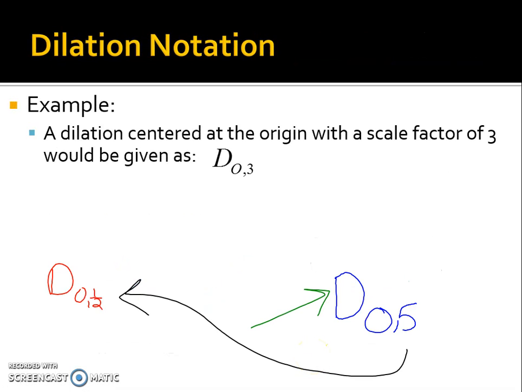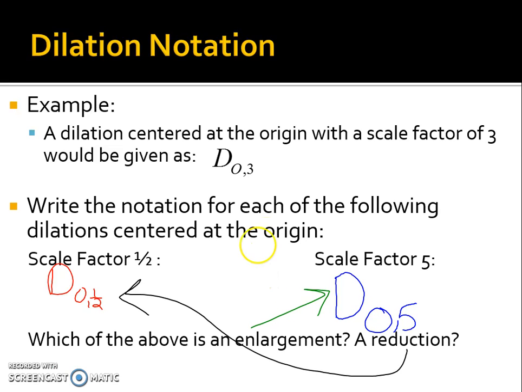So a dilation centered at the origin with a scale factor of 3 will be given as this. When you see D, that means dilation. O is the origin. 3 means that the scale factor is 3. So that's 3 times bigger. Write the notation for each of the following dilations centered at the origin. If the scale factor is half, that means it's going to get reduced.